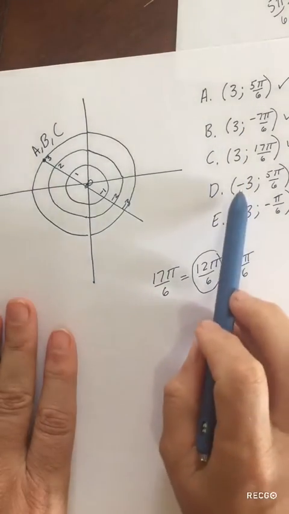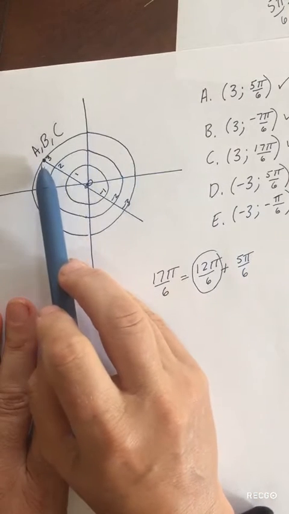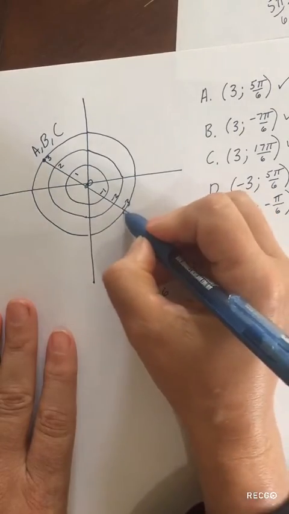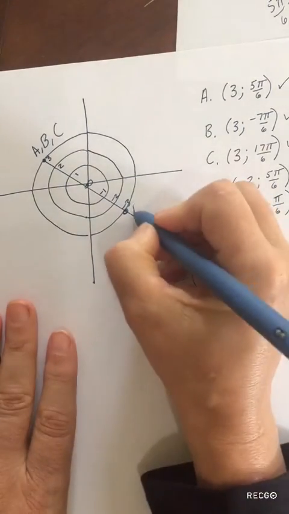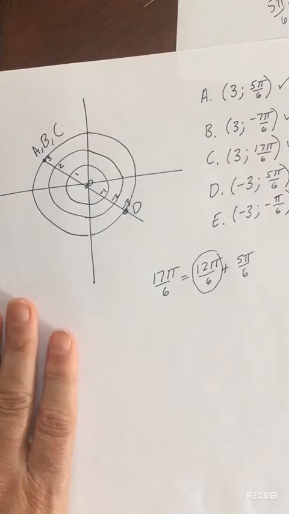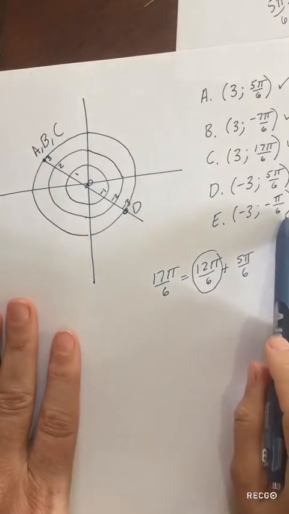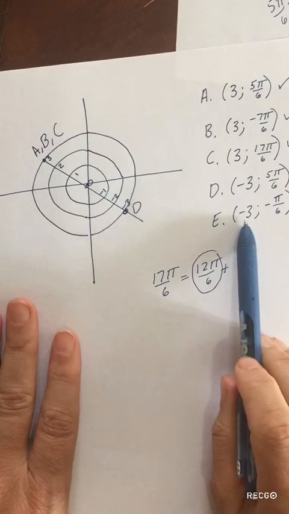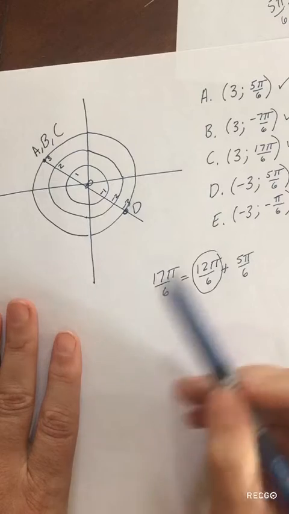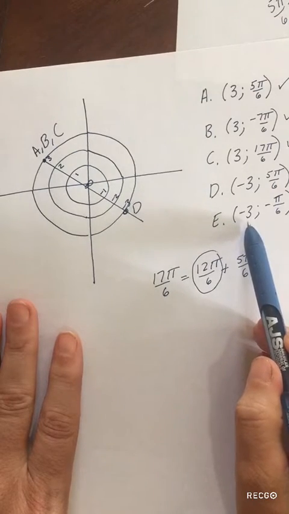Okay, so again, what I do is turn as if I had the positive radius, 3 comma 5 pi over 6, except the negative 3 is going to flip it over here. So that's going to be point D. That one's obviously different. Okay, so let's see if we can do this last one. The way I do it, again, is turn like you would if it were a positive radius.